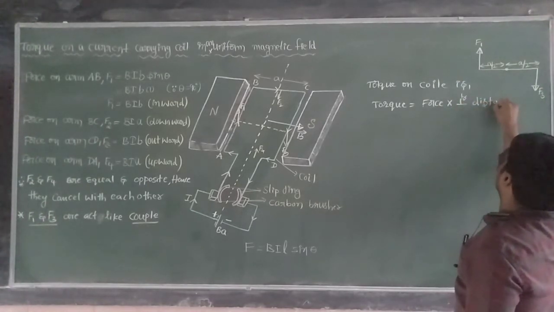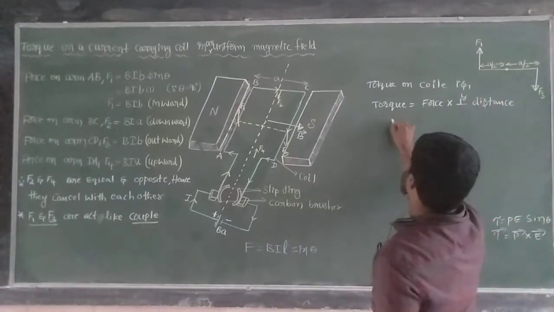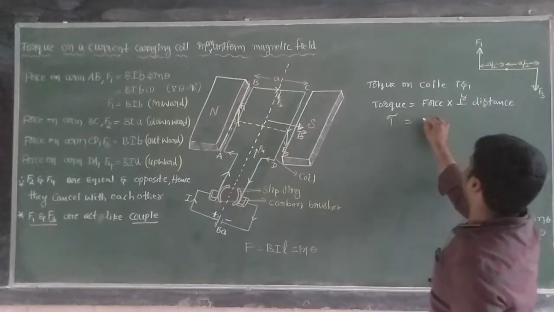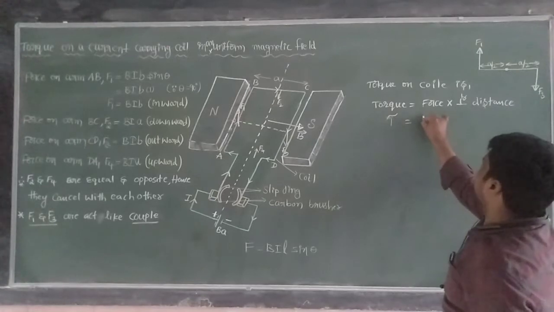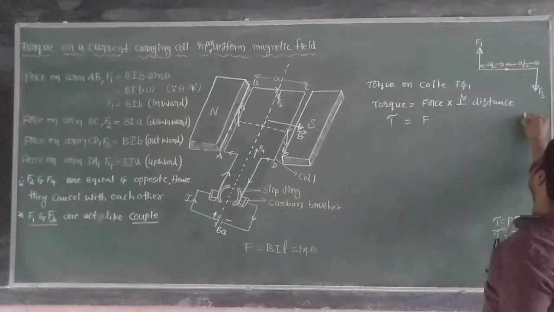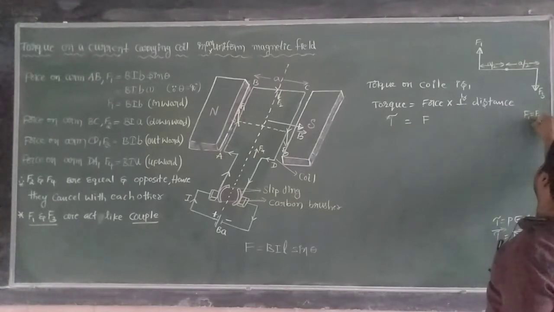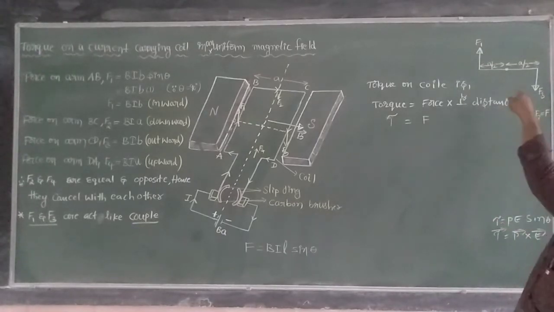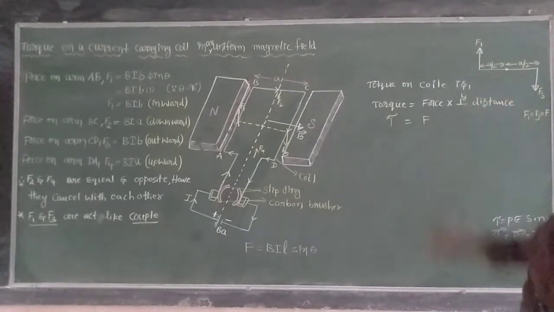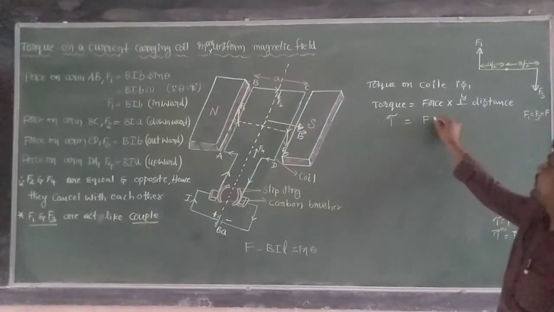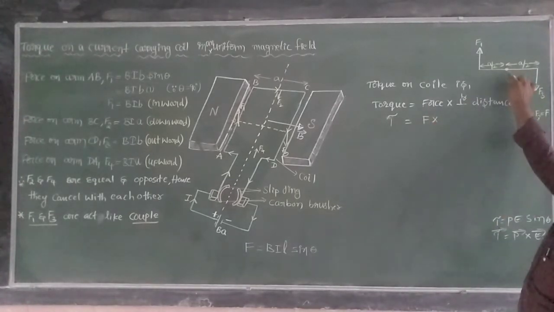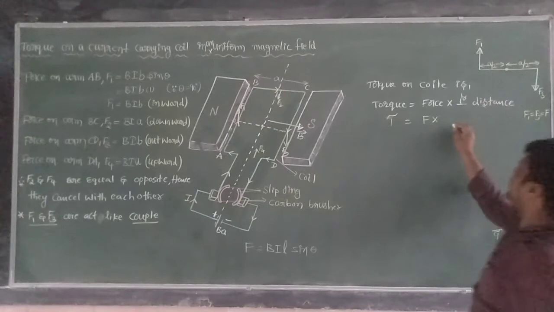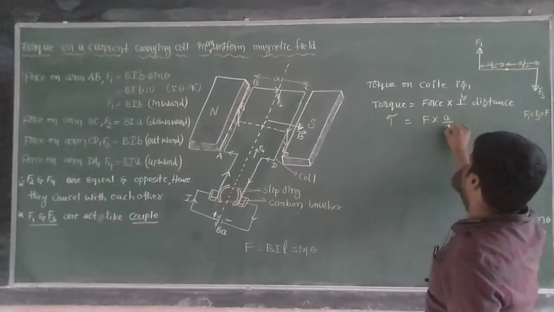Torque is denoted by the letter tau. Since F1 equals F3 equals F, the torque is the product of either force, both being equal in magnitude and opposite in direction, and the perpendicular distance from the axis of rotation or center point. The perpendicular distance from the center point is A by 2.